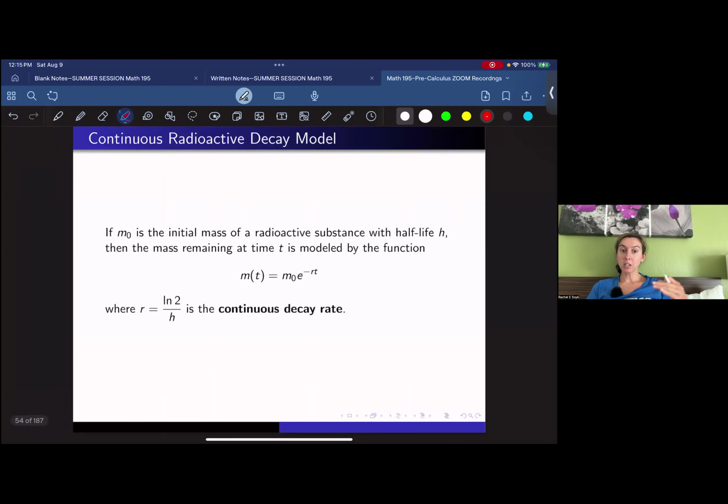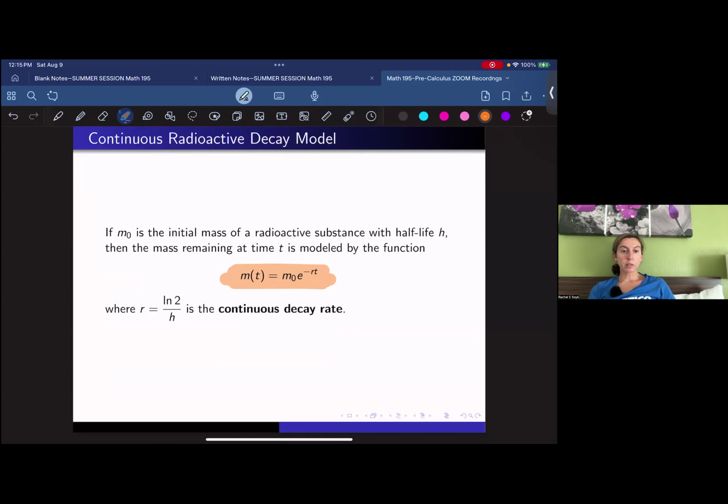But from a continuous perspective, now we're involving our e, our irrational number e. So if m sub 0 is the initial mass, once again, our h also stands for our half-life. Once again, we are looking at m of t is equal to m sub 0 times e to the negative rt.